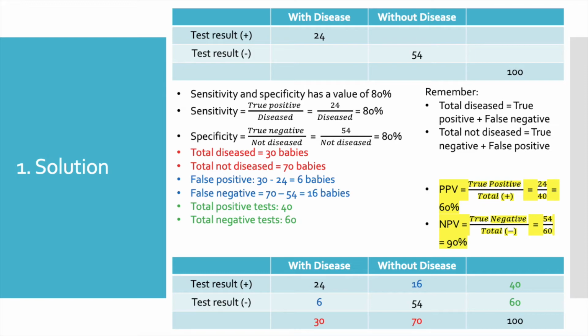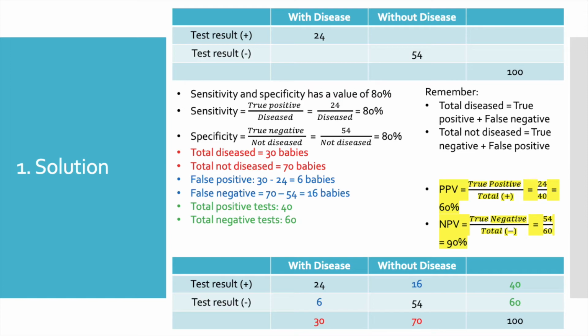Remember that sensitivity is true positive over all of the diseased. If 24 is 80% of all of the diseased, how many people are diseased? Then that would be 30 babies. And that would be the same for specificity. If we use that logic, we can find out that 70 babies is the total population of babies that are not diseased.